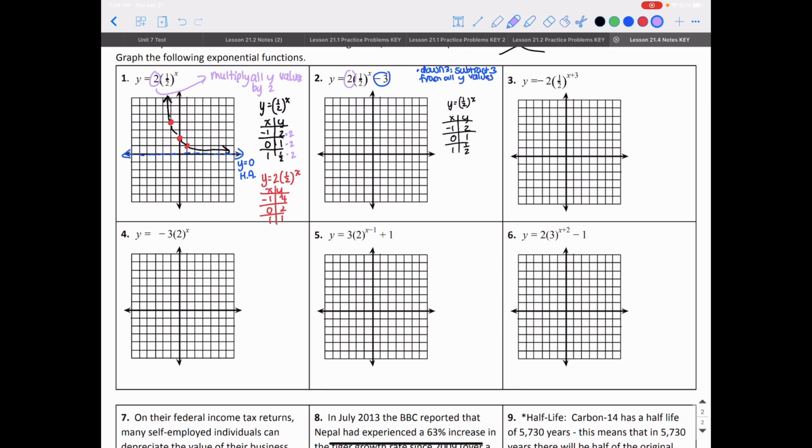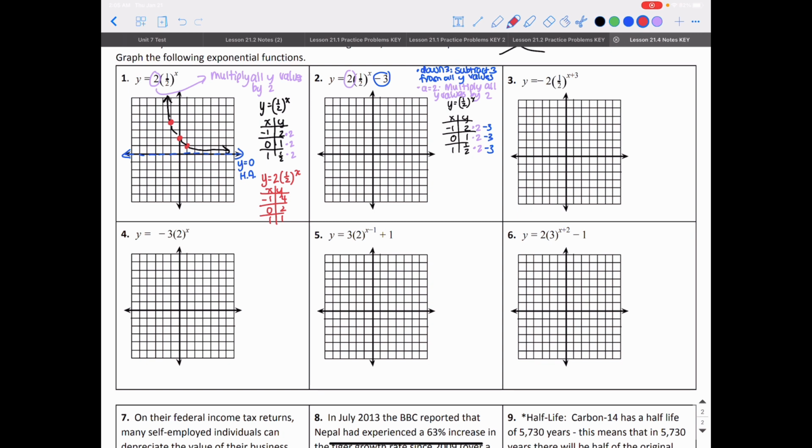I know this 2 in front, A being equal to 2, tells me that I multiply all y values by 2. Just like order of operations works regularly, I'm going to do my multiplication first and then my addition and subtraction. So I'm going to multiply all y values first by 2, and then I'm going to subtract 3.